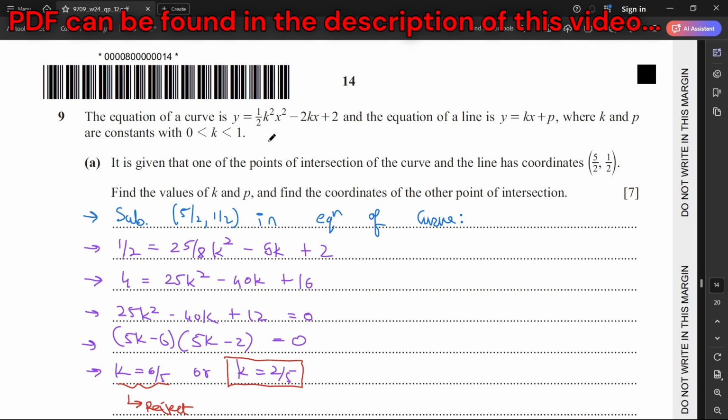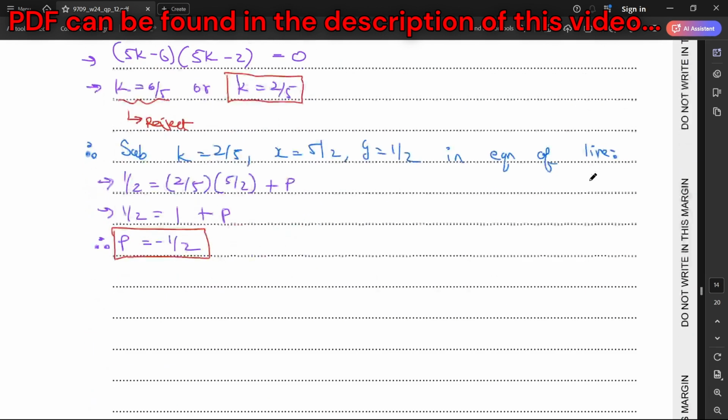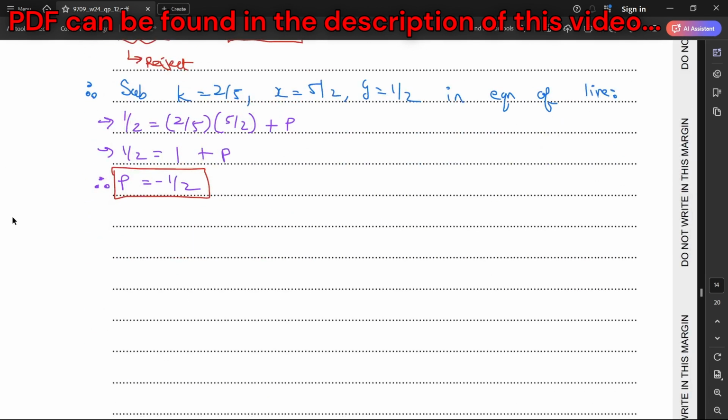And then I'll just have my equation in format of x, which I can go ahead and solve. I'll be getting one of the x value as 5 by 2, which I don't need to consider because I've already found that in my question. And the second value of x is what I'll be forwarding with to get the respective value of the y. So it's going to look something like this.